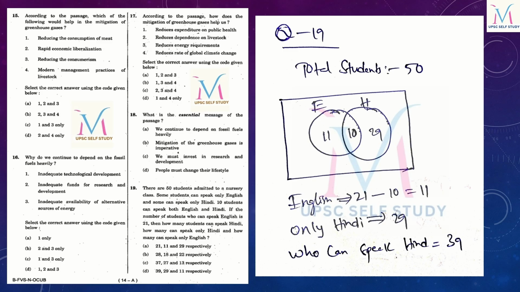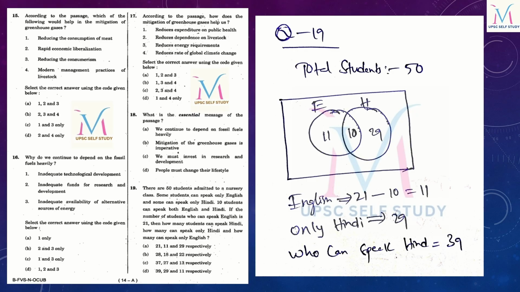And finally it is asked how many students can speak Hindi? This 29 are only Hindi speaking, and 29 plus 10 is 39. So 39 students can speak Hindi.